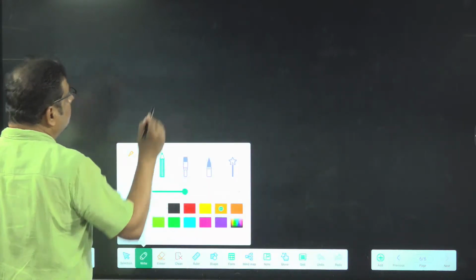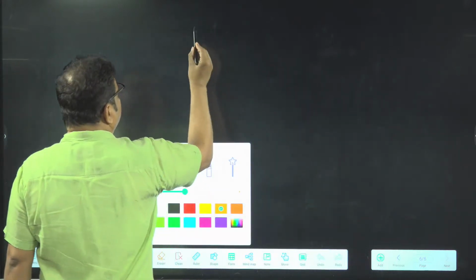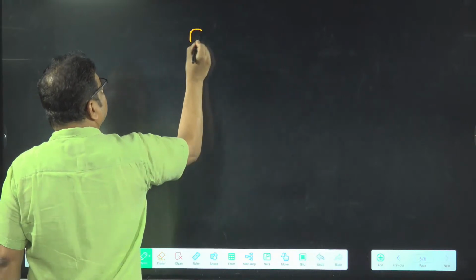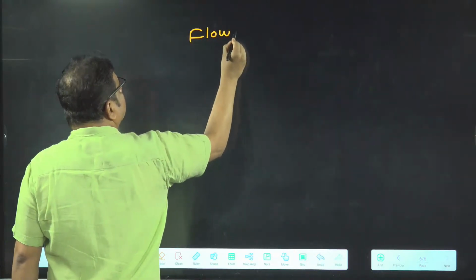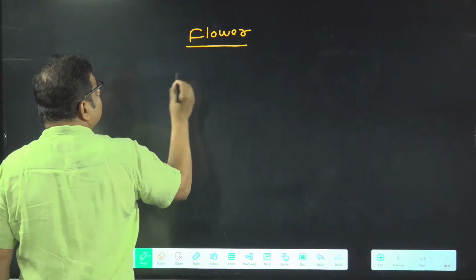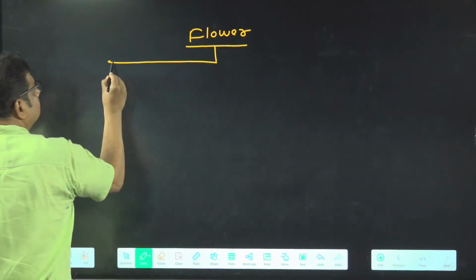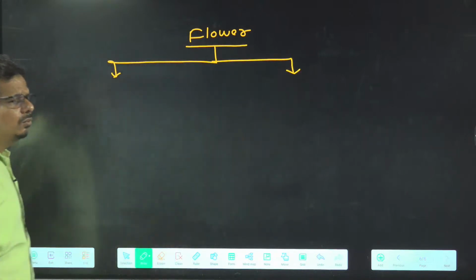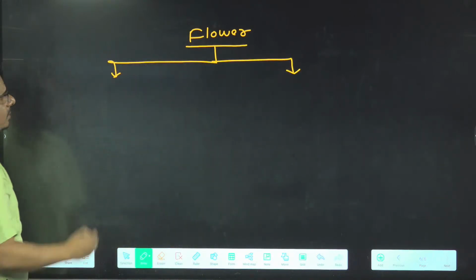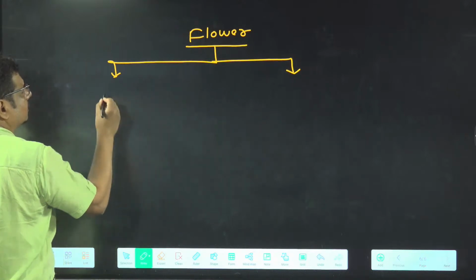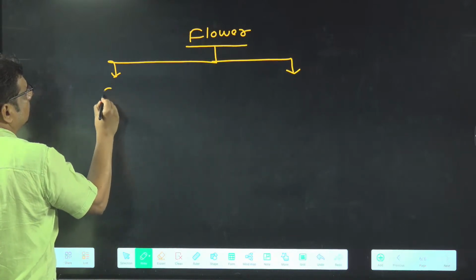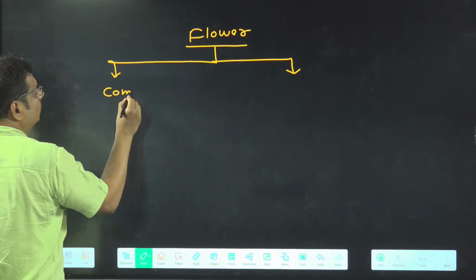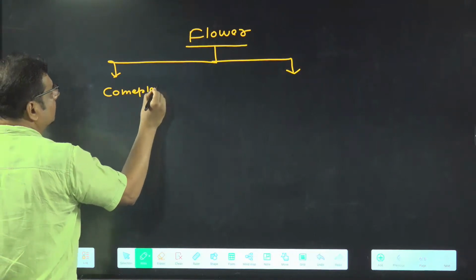Have a look now. If we talk about flower, we are going for a further classification. We classify the flower into two categories based on whether all the floral whorls are there or not.